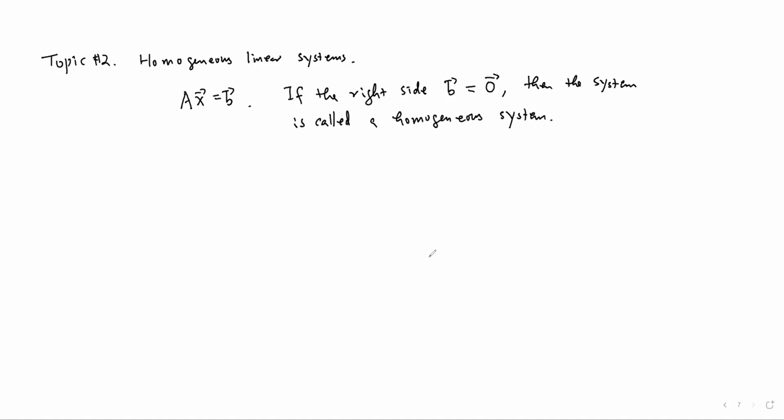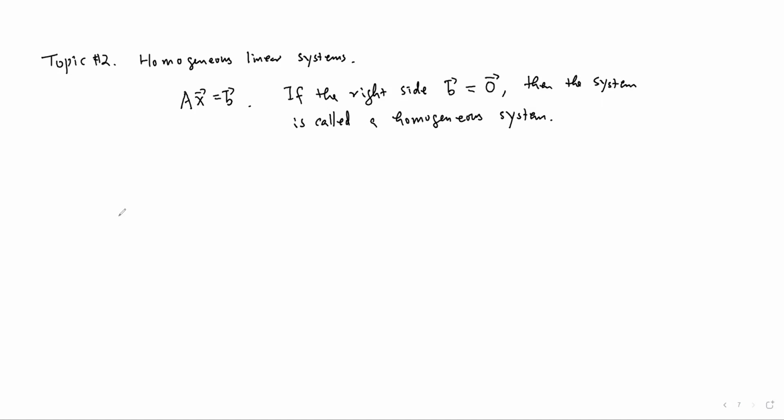If the right side is not zero, that means at least one entry in vector B is non-zero, then the linear system is called non-homogeneous.